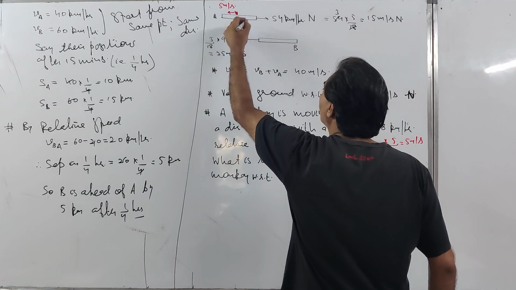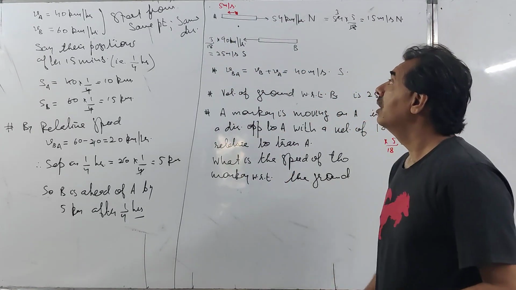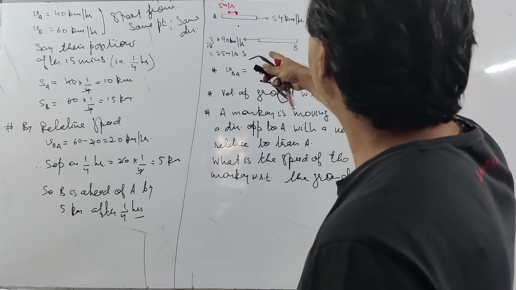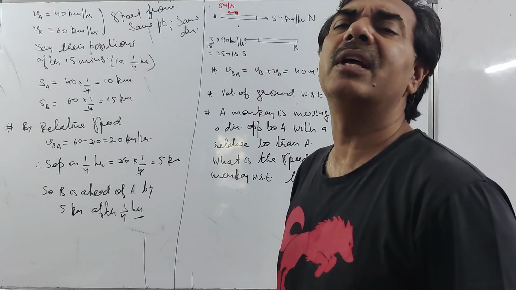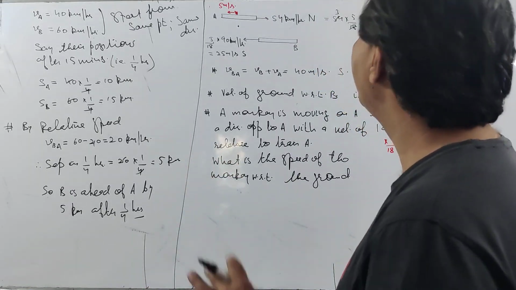So here is the ground, with respect to the ground. Now, the speed of A is 15 meter per second. Had the monkey been at rest, then the speed of the monkey with respect to the ground would have been 15 meter per second.